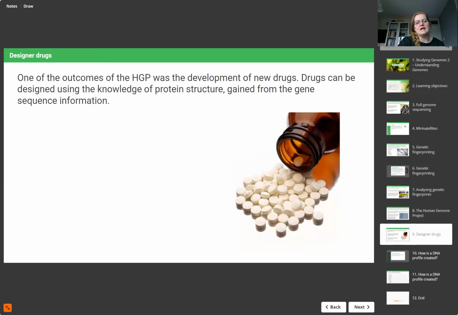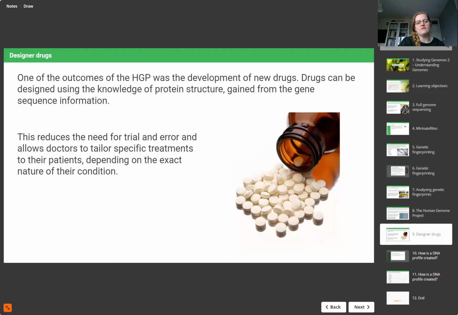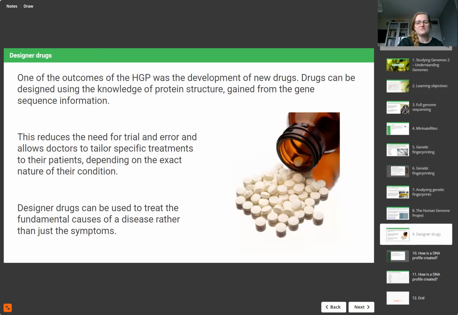Drugs can actually be designed now using the knowledge of protein structure, which we gain from the gene sequence information. This reduces the need for trial and error when making new drugs, and allows doctors to tailor specific treatments to their patients depending on the exact nature of their condition. Designer drugs can be used to treat the fundamental causes of a disease rather than just the symptoms.